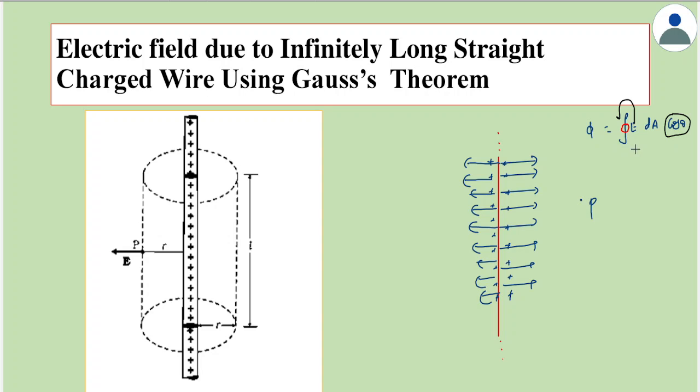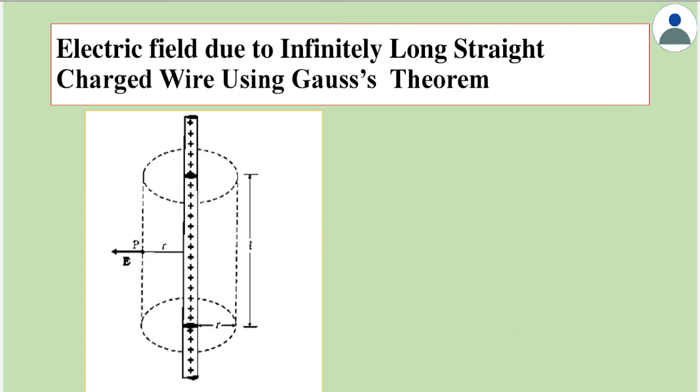To make cos theta equal to 1, we should ensure that at every point, or at every small region, the angle between the electric field and the small area element would be 0. So the best fit surface here would be a cylinder. So in this case, we can consider a cylinder.